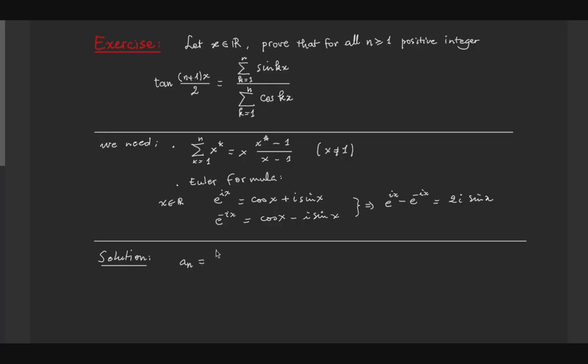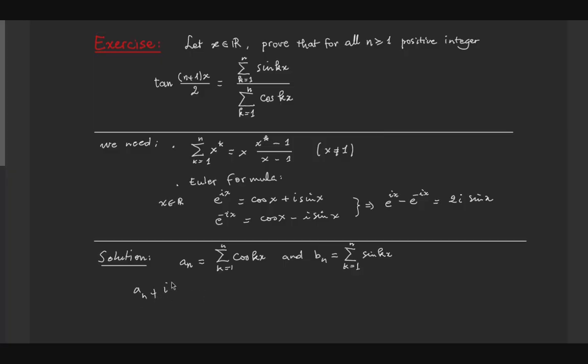A sub n is the sum of cosine kx from k equals 1 to n, and b sub n the sum for k equals 1 to n of sine kx.